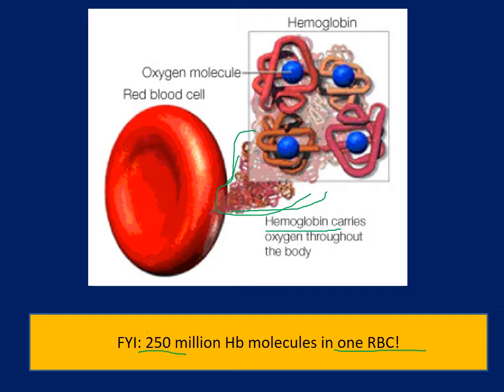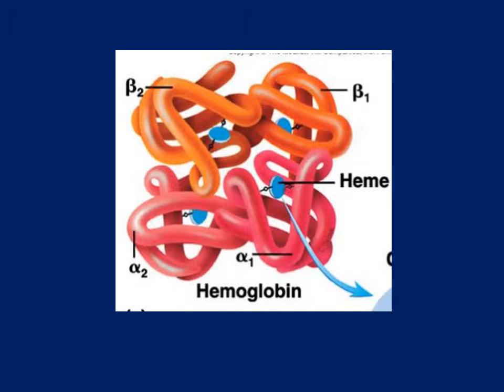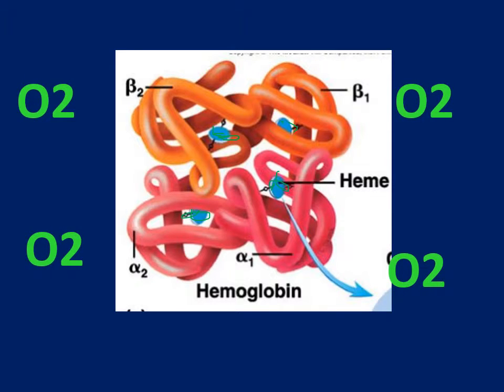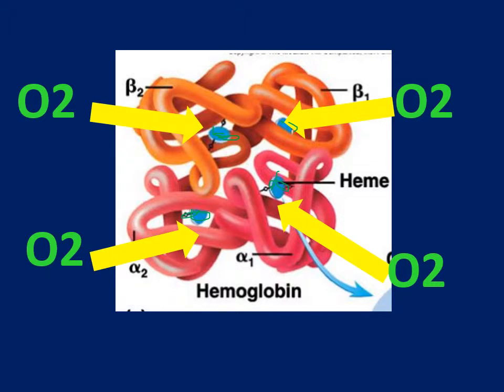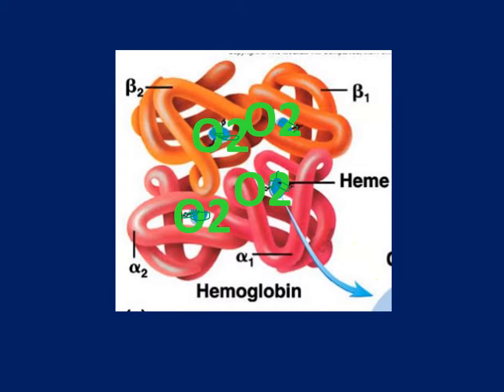This is a hemoglobin. It actually has 4 places for oxygen. So 4 oxygen molecules can be carried by 1 hemoglobin. They have a little seat, and they fit real nicely in this area right here, and that's how they're transported throughout the body.